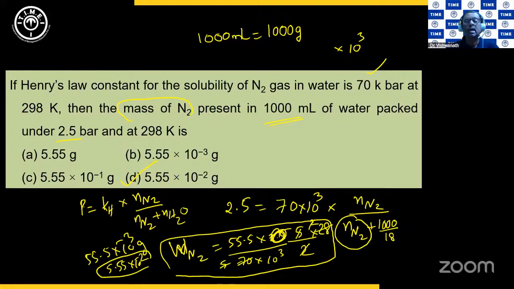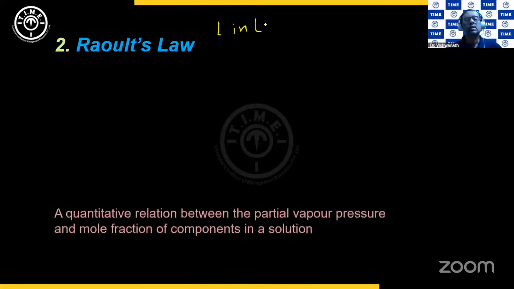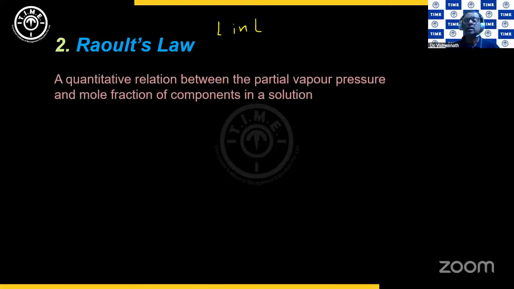So the seconds that I have given are over, and now we'll be in a position to take up the second part, which is Raoult's law. So what is Raoult's law? Raoult's law is for liquid in liquid. It's a quantitative relationship between partial vapor pressure and the mole fraction of components in a solution, same as Henry's law.